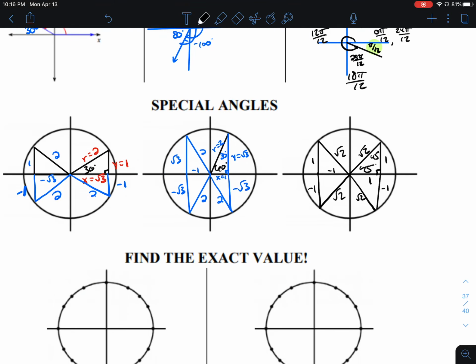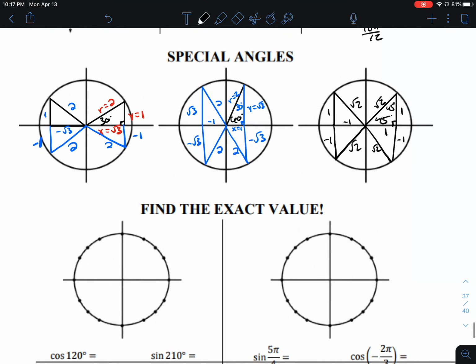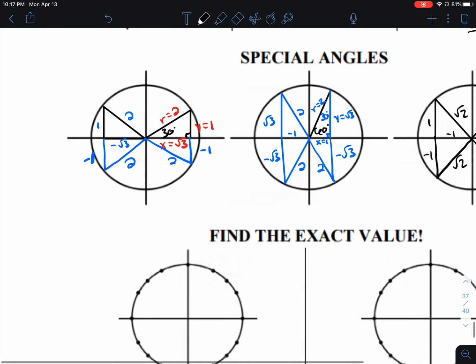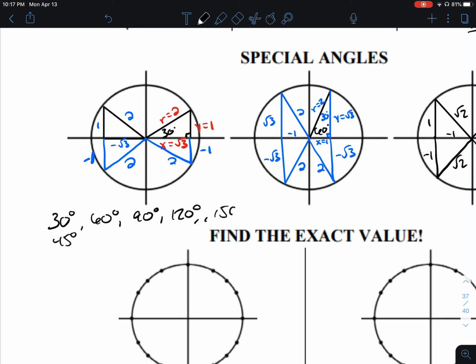So what is the value of this? Big picture, here's what we're after. Without using a calculator, if I take a multiple of 30 or a multiple of 45, so that's 30, 60, 90, 120 degrees, 150, etc., 45 degrees, 90 degrees, 135, 180, etc. And if I said to you, what's sine of 30?